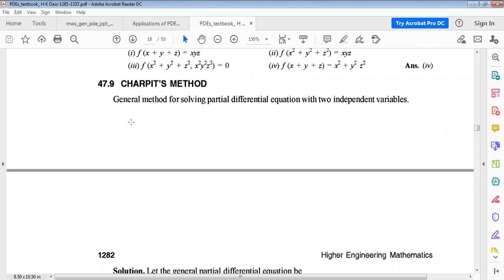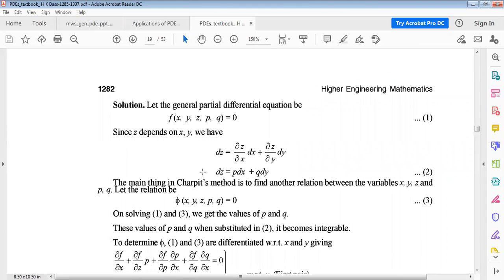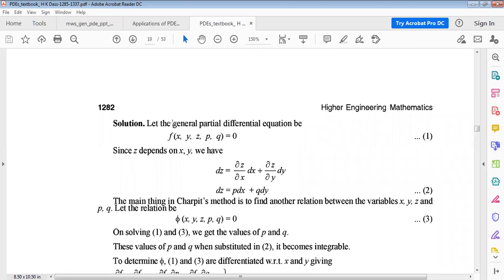Okay, another method, Charpit's method, a general method for solving partial differential equations with two independent variables. Let the general partial differential equation be like this, a function of x, y, z, p, q equals 0, where p equals the partial differentiation of z with respect to x, and q is the partial differentiation of z with respect to y.